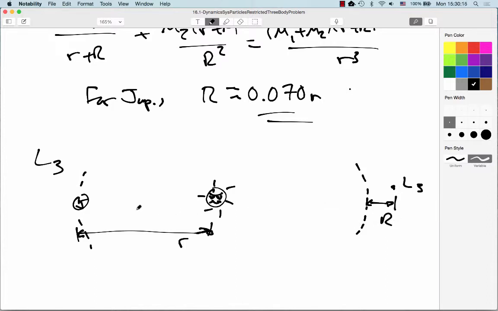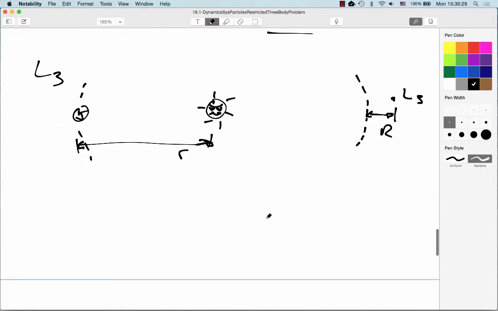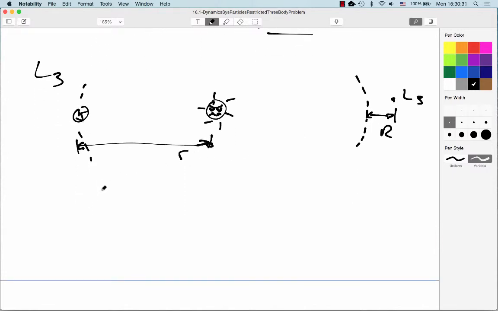Now the idea here is that Jupiter and the Sun are conspiring both to pull an asteroid here together. And so although you're further away, you have a bigger effective mass, if you will. And so you'll still orbit with the same period. So you can go ahead and write the forces here.